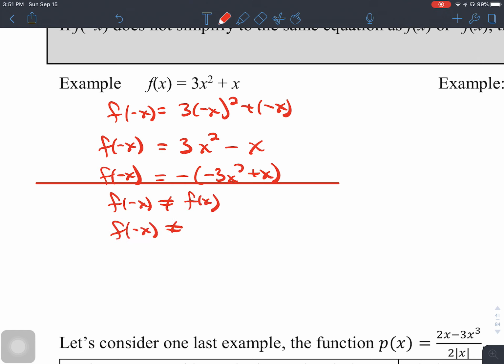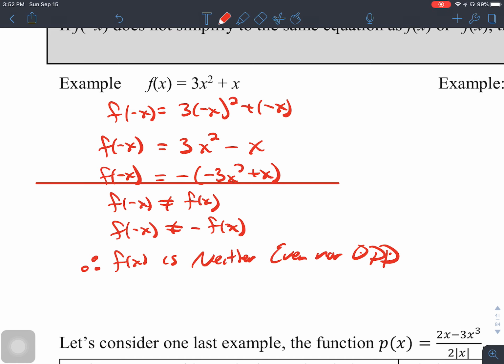F of negative x is also not the same as negative f of x. Therefore, f of x is neither even nor odd.